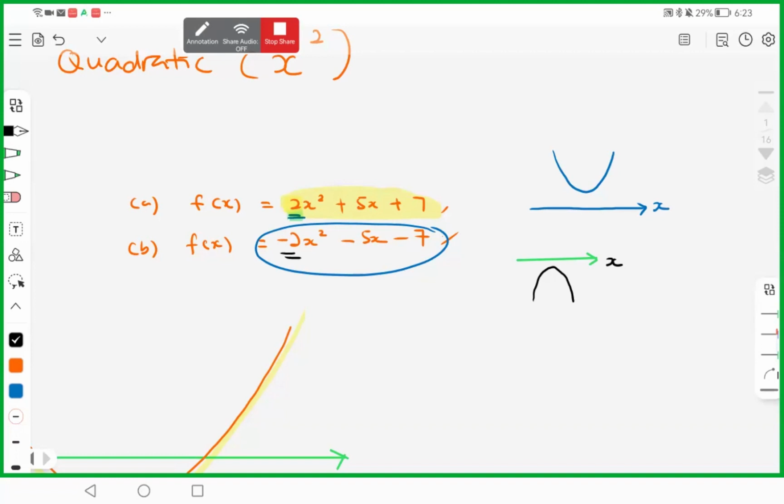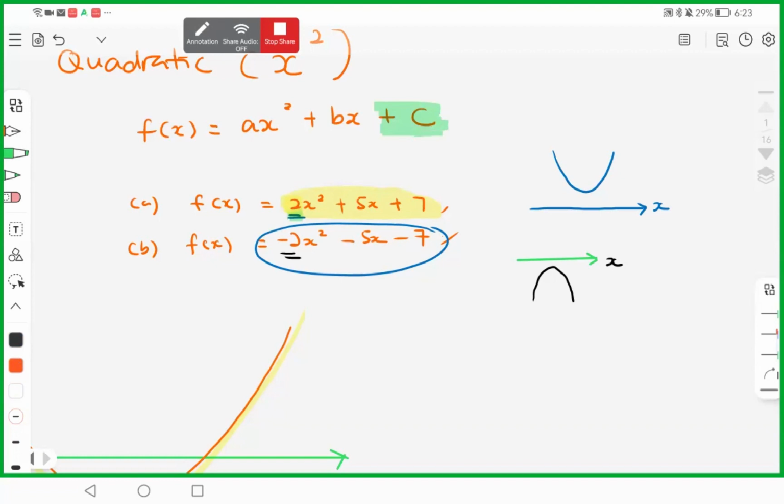One last thing. If you look at the general form of the quadratic function, ax squared plus bx plus c, now we focus on the value of c.